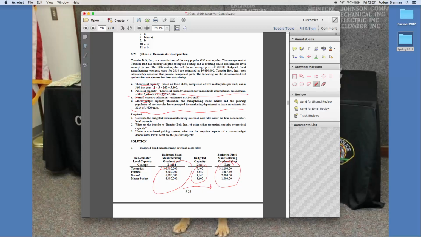And as you see, as we go from theoretical down to normal and master budget, because the denominator is decreasing, getting smaller, the cost per unit is getting greater. So from a cost allocation point of view, the more capacity that I can utilize, the lower my cost.